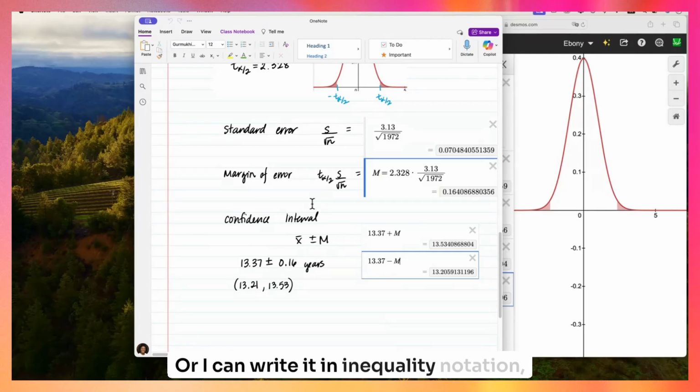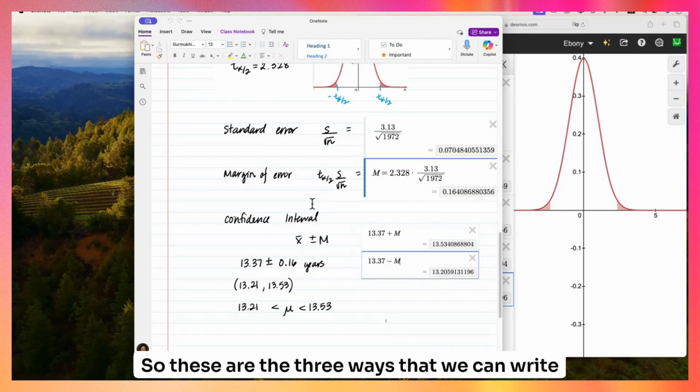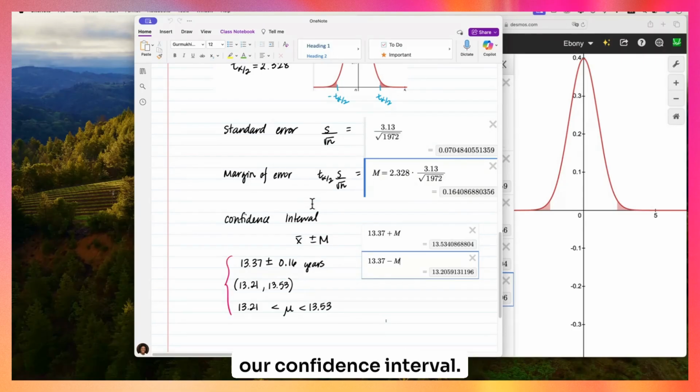Or I can write it in inequality notation. Lower bound, 13.21 years, is less than the population mean, which is less than the 13.53 years. So these are the 3 ways that we can write our confidence interval.